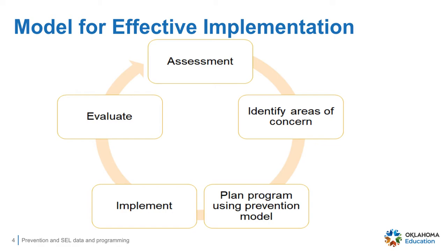After that, the team will plan the prevention or SEL using the SEM model. Now it is time for implementation. Once the programming has been implemented, always go back and evaluate the effectiveness of the programming and if it was implemented with fidelity. And then you begin the process again.